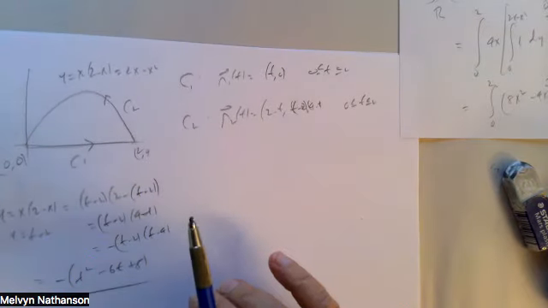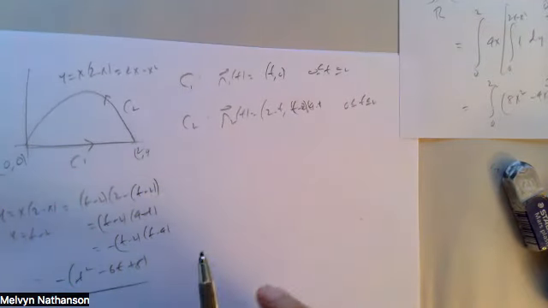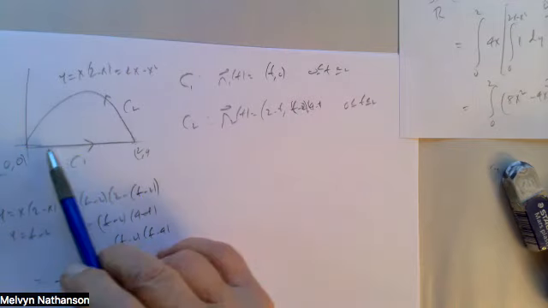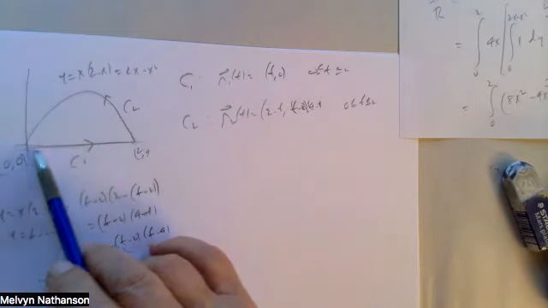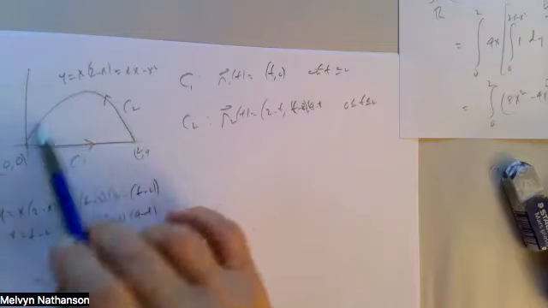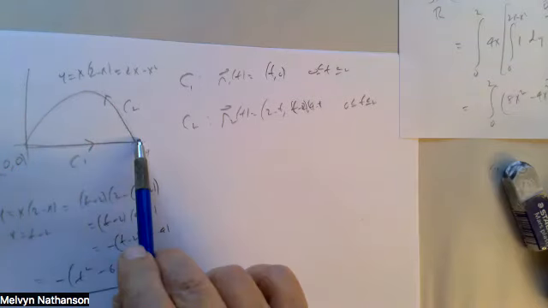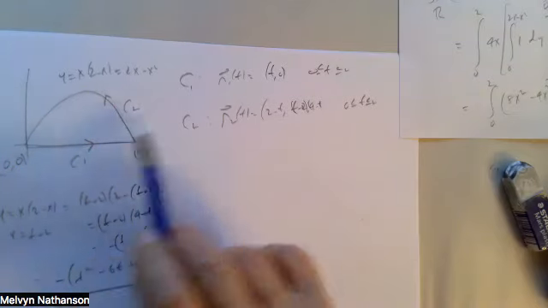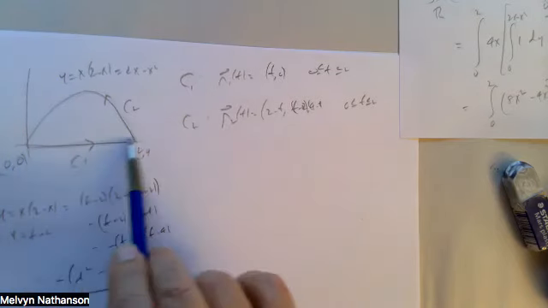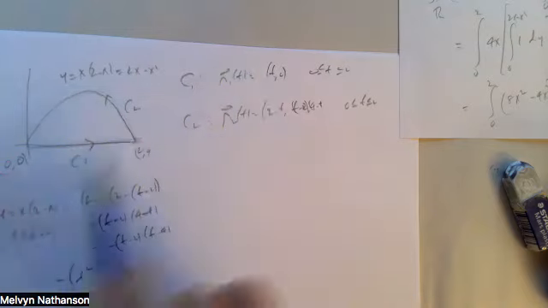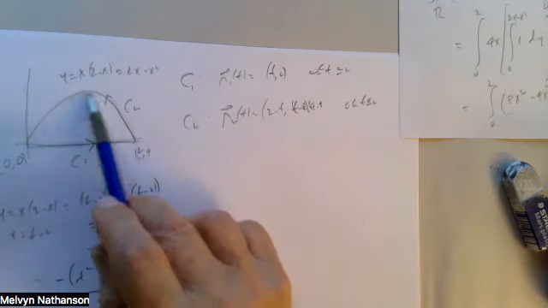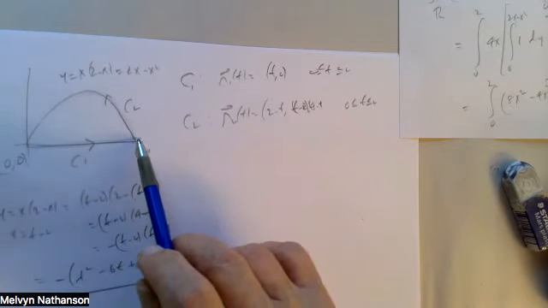This is maybe the hardest part of the problem, figuring out how to parameterize these boundary curves. Going horizontally is easy. R1 of t is t comma 0, moving along this line from 0 to 2. Coming back is a little trickier.